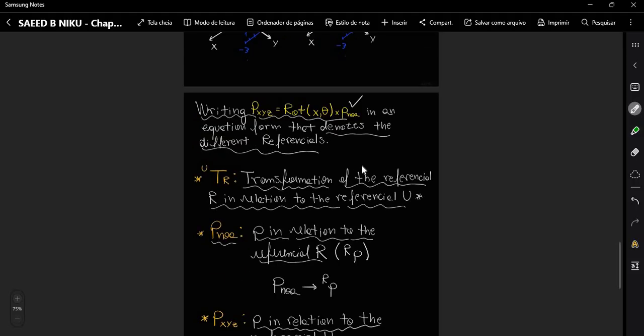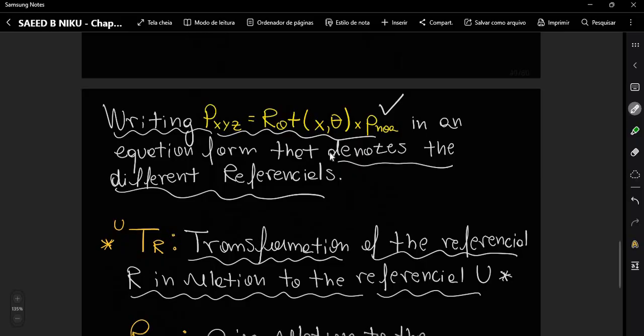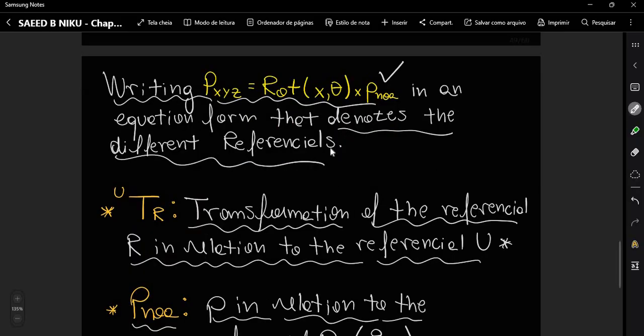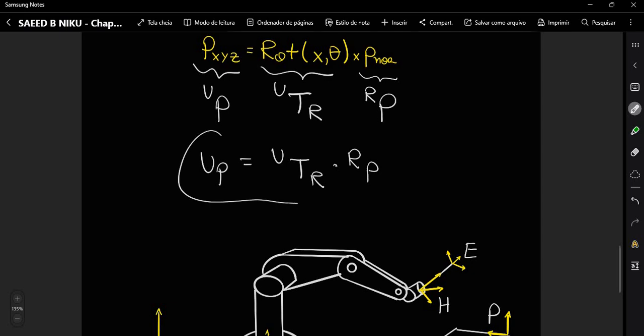So in this video, we saw the other way to write this equation, which is the way that we have been using throughout this series of videos, throughout the book, because this way it makes it easy to follow the relation between different transformations.